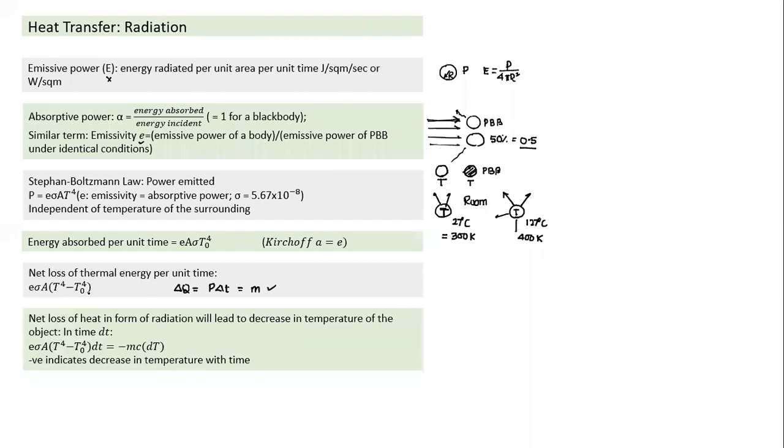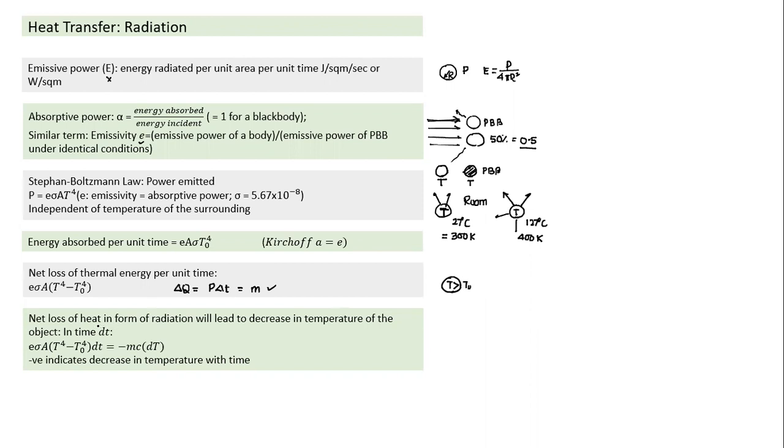So whenever an object is placed in a surrounding where T is greater than T0, it will lose heat and cool down, and in thermal equilibrium both will come to the same temperature. So the net loss of heat in the form of radiation will lead to a decrease in the temperature of the object.